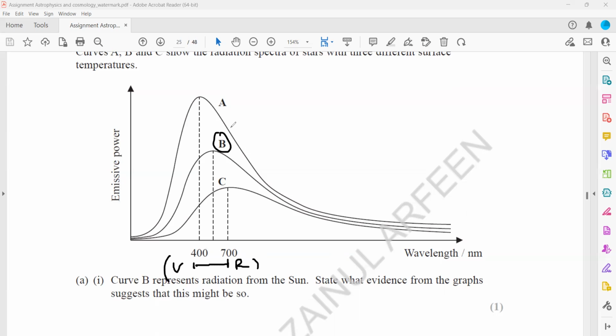The sun also emits ultraviolet, but we are able to see the sun, so it is giving light in the visible range. That's why B represents the sun. What if the peak wavelength was above 700 or below 400? Then we wouldn't be able to see it, or only a very small amount would be in the visible range.